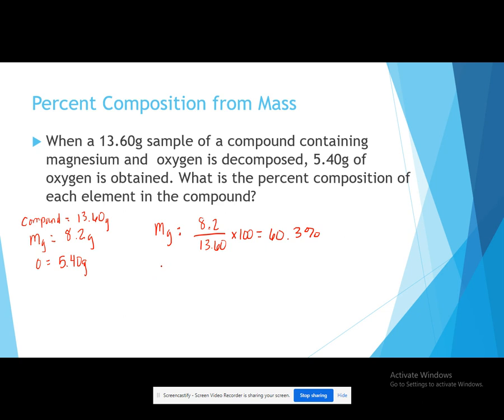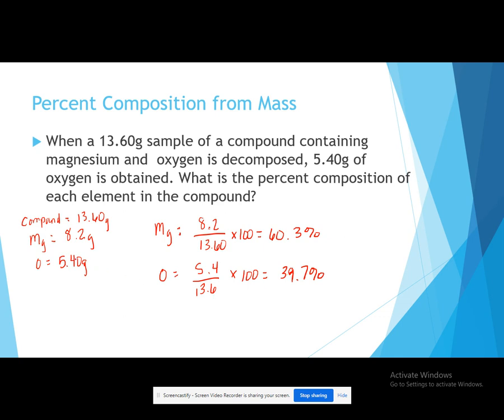You can do the same thing for oxygen. Oxygen equals 5.4 divided by 13.6 times 100, and you would get 39.7%. That is one way you can solve it. And you're going to notice that these percents add up to 100.